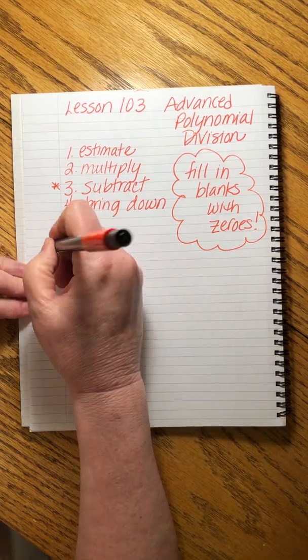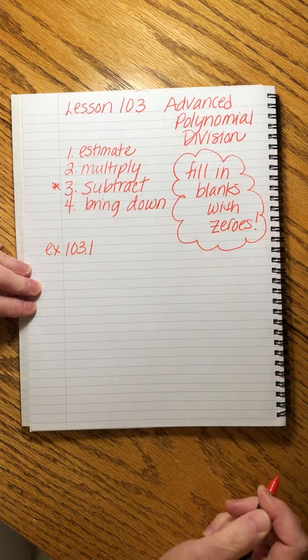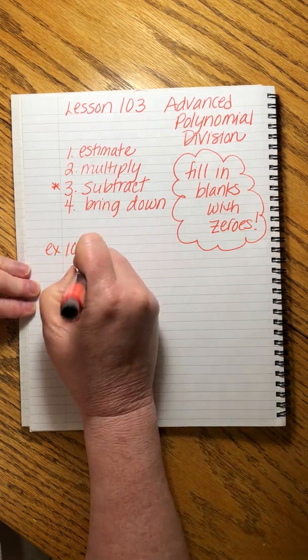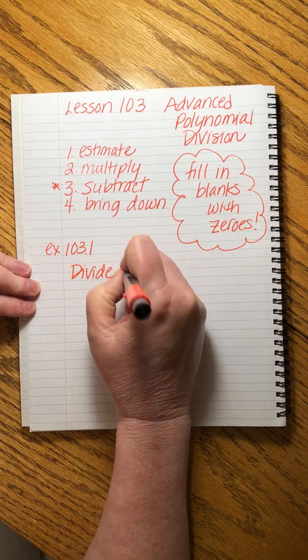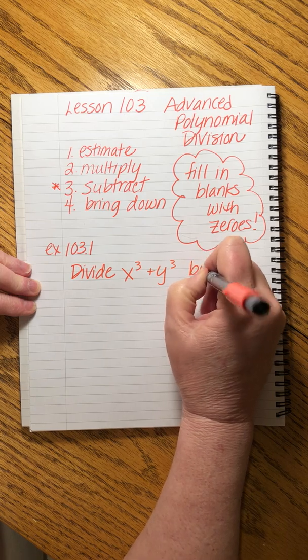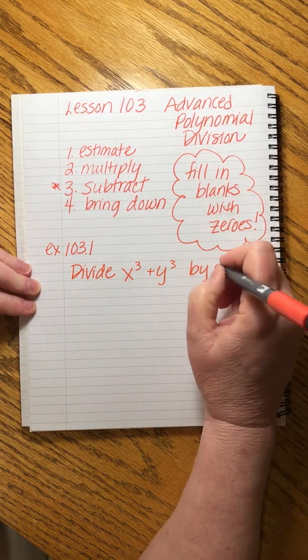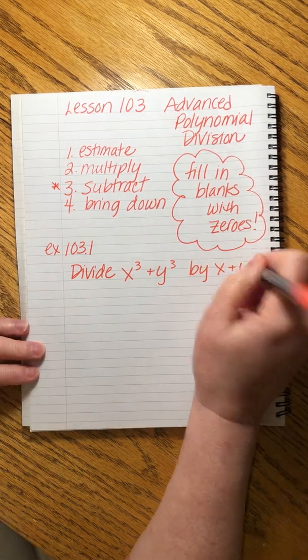All right, example 103.1. It says divide that thing by that thing. That's what the problem says.